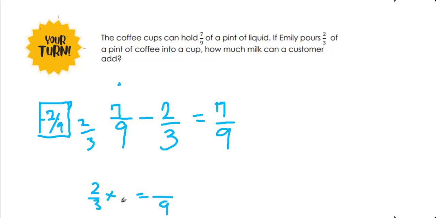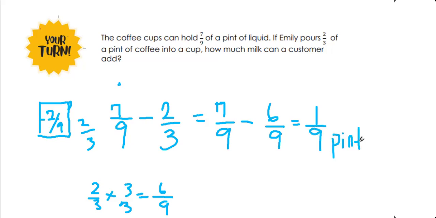What do I have to multiply? 3 times 3 is 9, and 2 times 3 is 6. So now I have 7/9 minus 6/9 equals 1/9. So the customer has 1/9 of a pint left in that coffee cup where they can add that much milk.